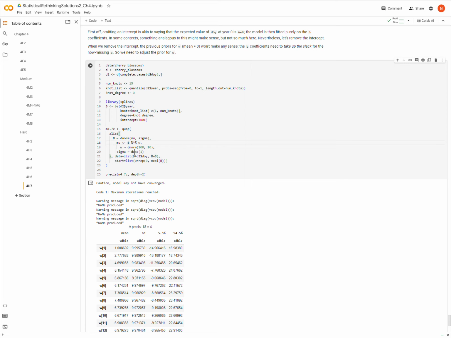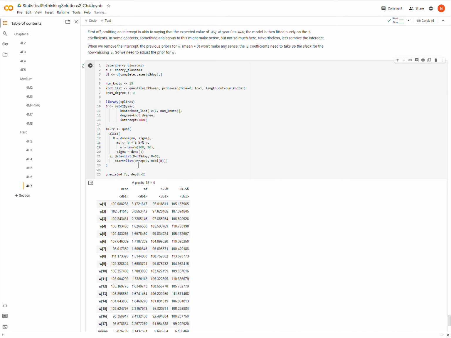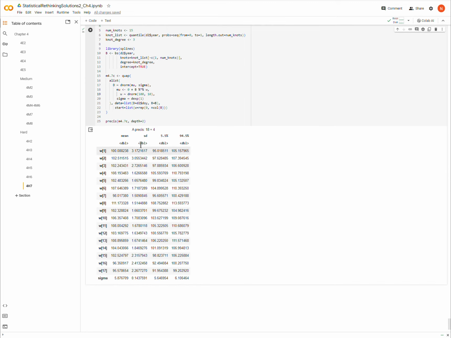And just for clarity in my code, to show that I have omitted the intercept, I'm going to put 0 in here. Now I'm going to run this code, and again, all I've done is take up the slack of the missing intercept by adjusting the prior for w. And now we see that there should be no problems running this particular bit of code, and we get estimates for all of them.